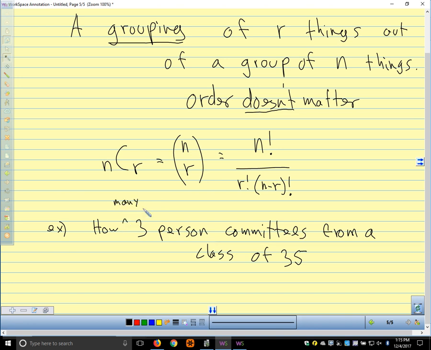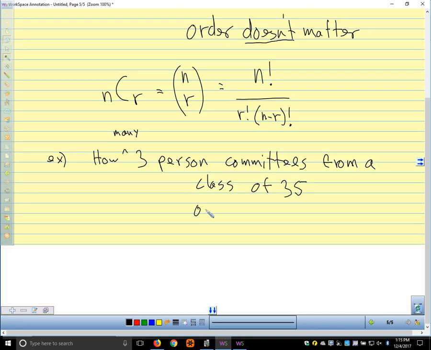How many 3-person committees can we make from a class of 35? Here order doesn't matter, because a committee with person 1, 2, 3 is the same as a committee with person 3, 2, 1. There's nothing that orders those people in any kind of ranking. So this is a combination.